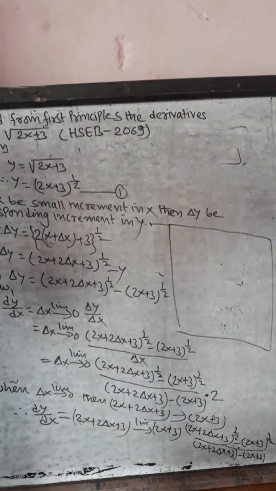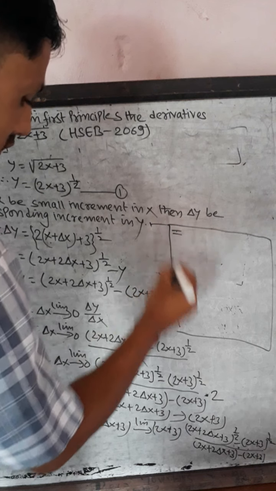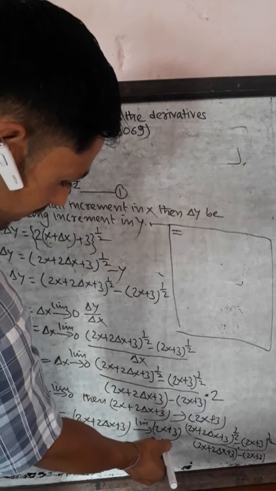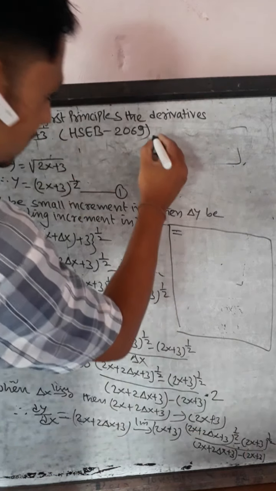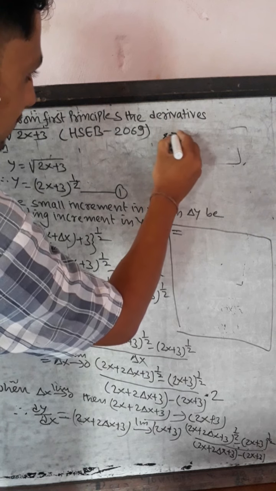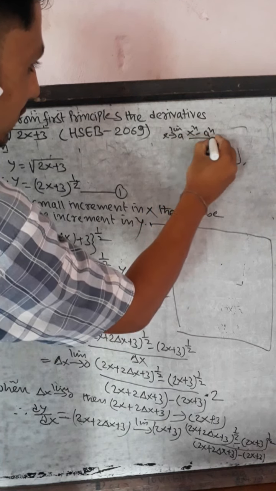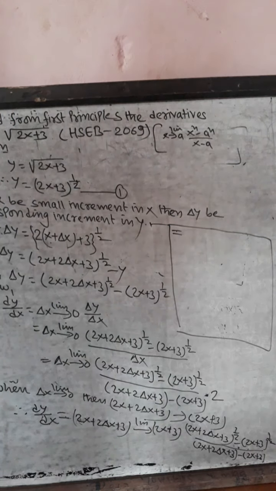So it is just like the previous sum. Here limit x tends to a, x to the power n minus a to the power n divided by x minus a, just like this one. Yes or no?